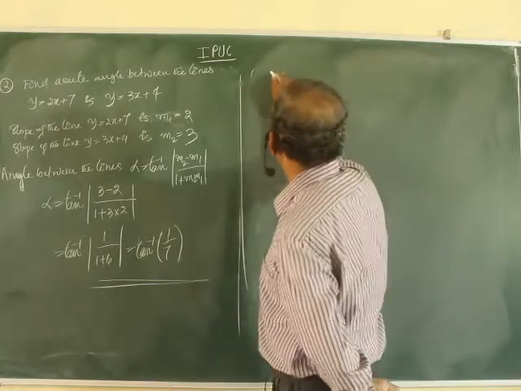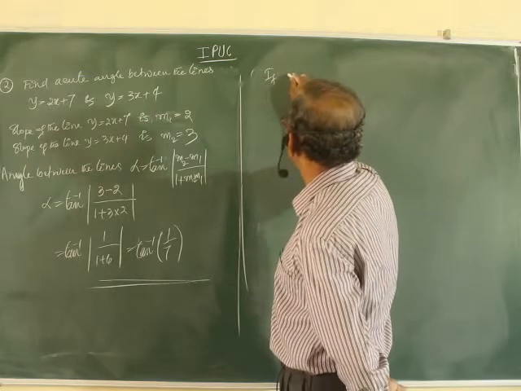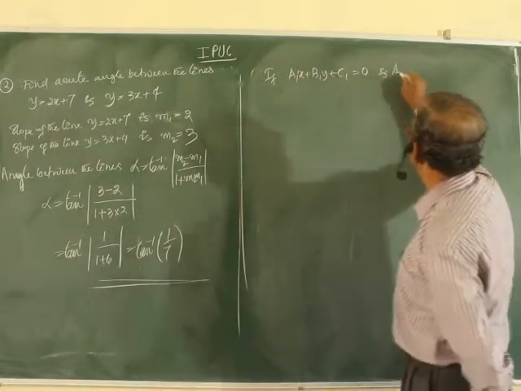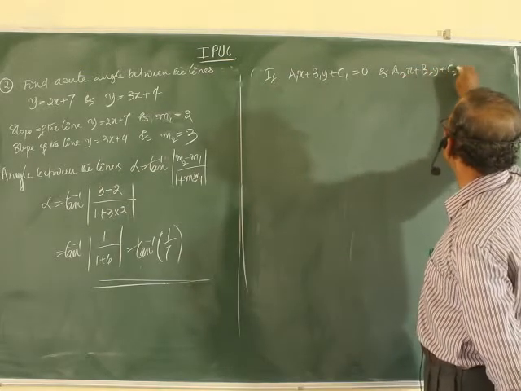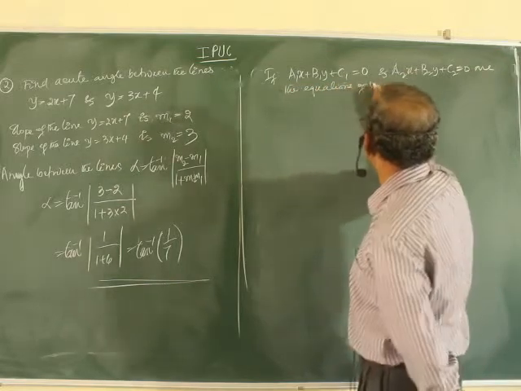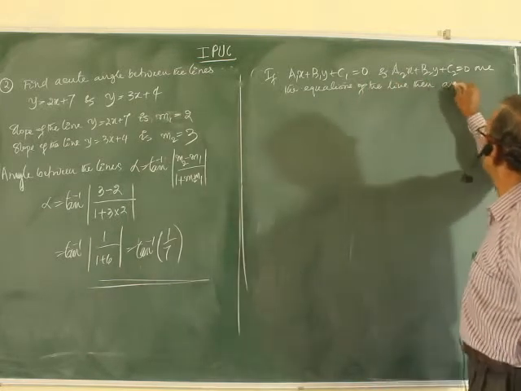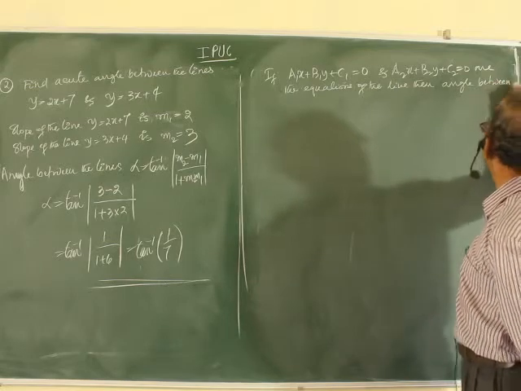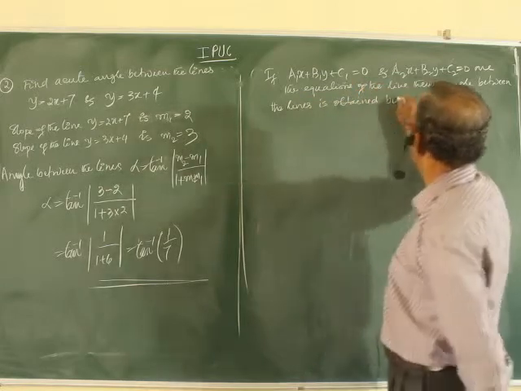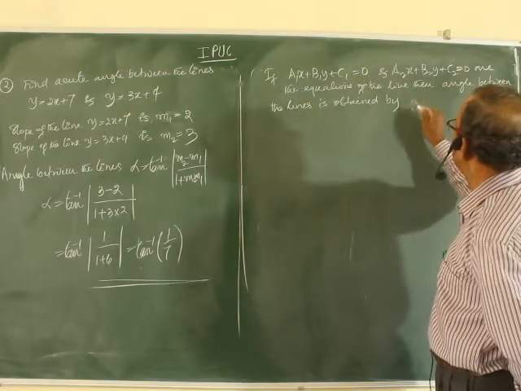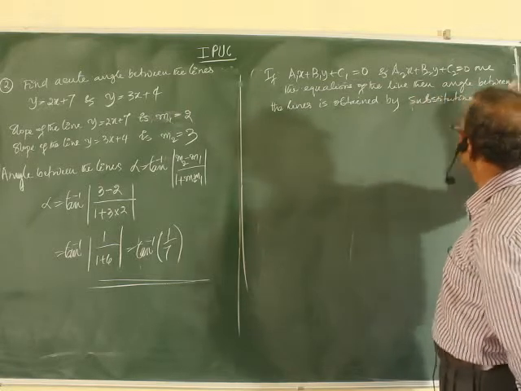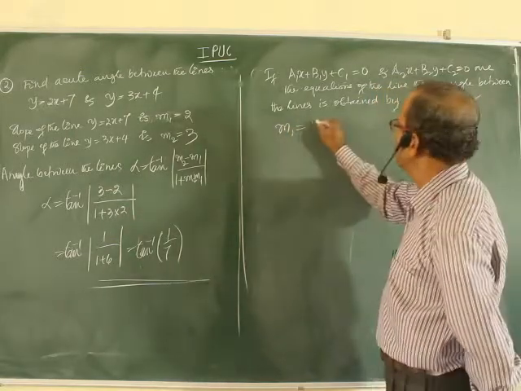Now, continue. If a1x plus b1y plus c1 equal to 0 and a2x plus b2y plus c2 equal to 0 are the equations of the lines, then the angle between the lines is obtained by substituting m1 equal to minus a1 by b1.